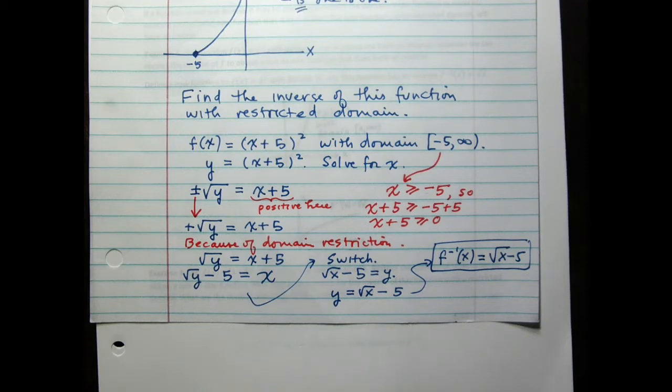Let's see, we restricted the domain. We did that. We found an expression for the inverse function, and now they want us to describe the domain and range of that inverse function. So I'm going to go to another sheet of paper. So where are we at now? We started with this, with domain restricted from -5 to infinity, right?